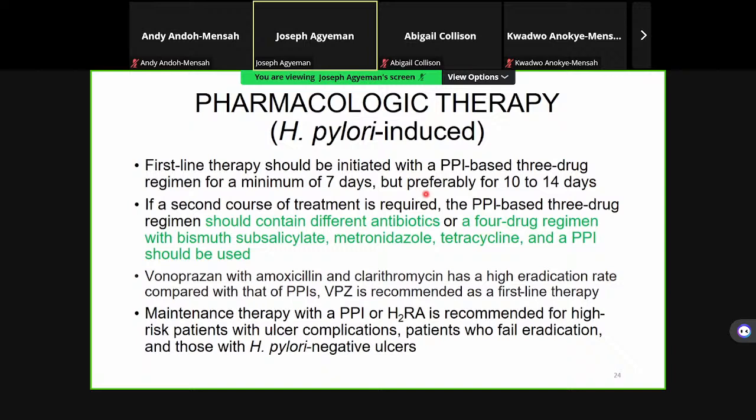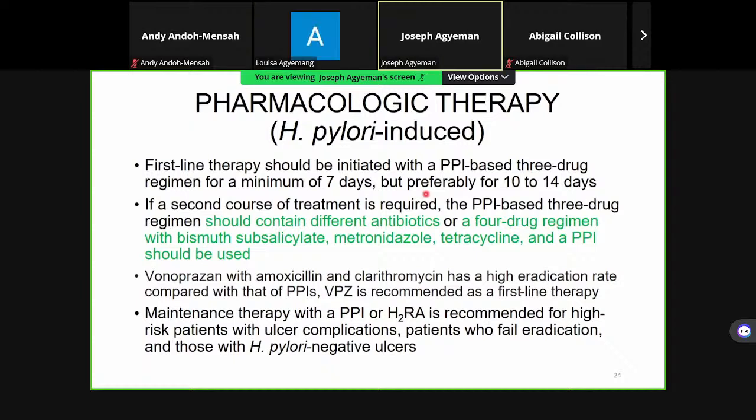So you use esomeprazole 20 BD, amoxicillin 1 gram BD, clarithromycin 500. They call it PAC subscript 500. The PAC 500 regimen, all things being equal, if there is no resistance, is the best in terms of efficacy and safety.